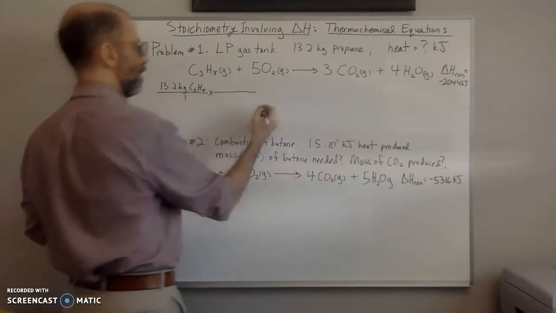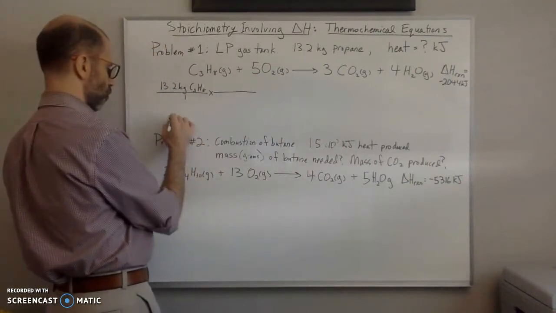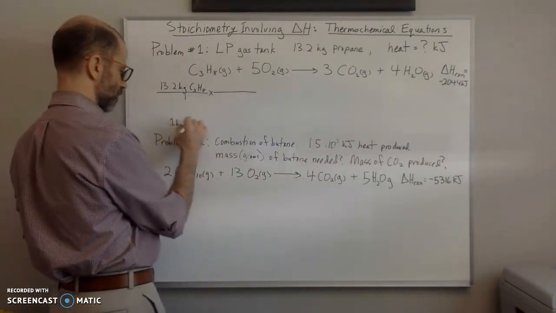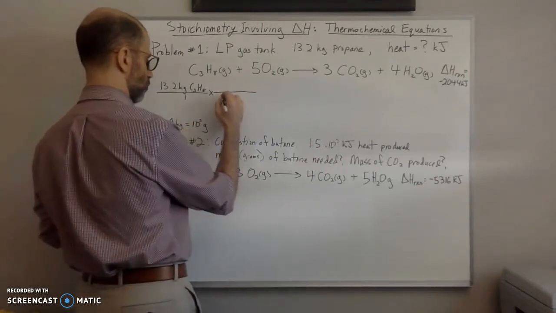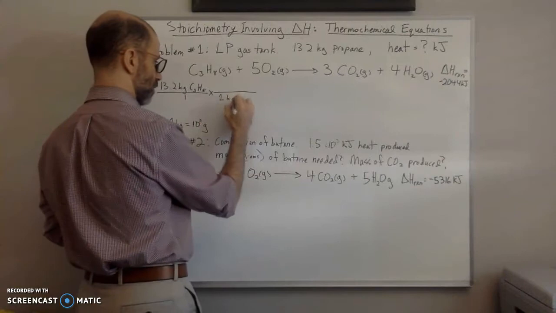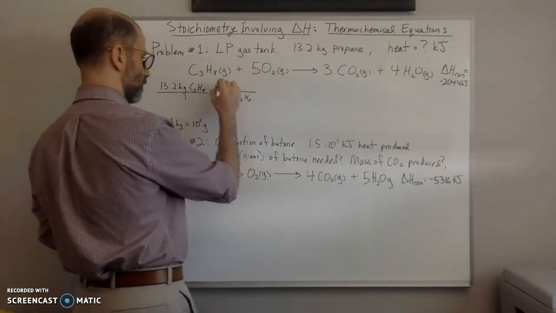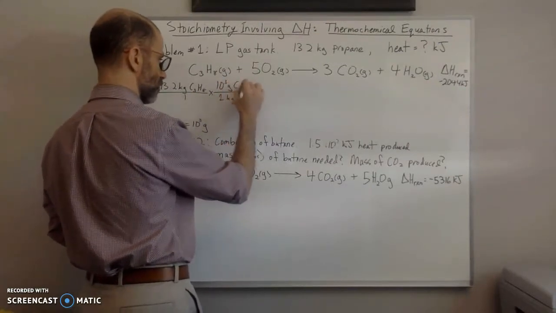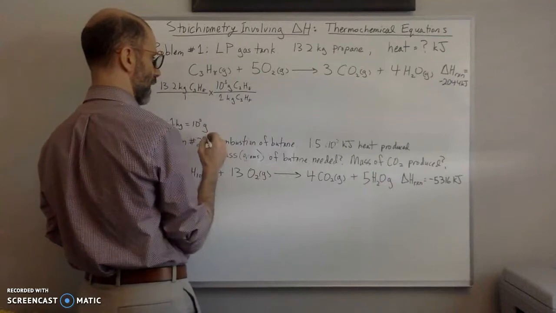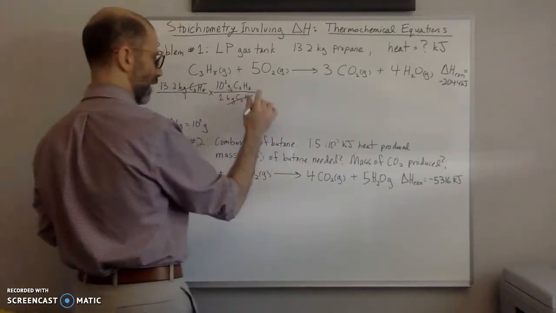So again, we're going to use 1 kilogram is equal to 10 to the third grams. So 1 kilogram of C3H8 on the bottom, 10 to the third grams of C3H8 on the top. So kilograms cancel, and now we have grams.